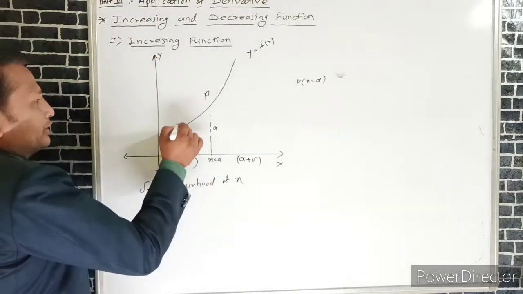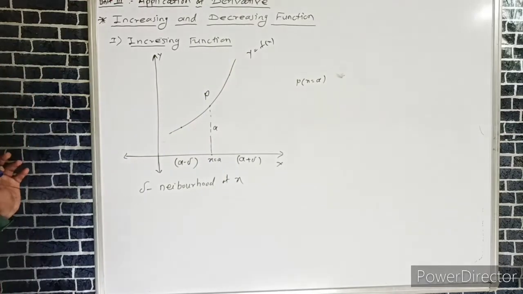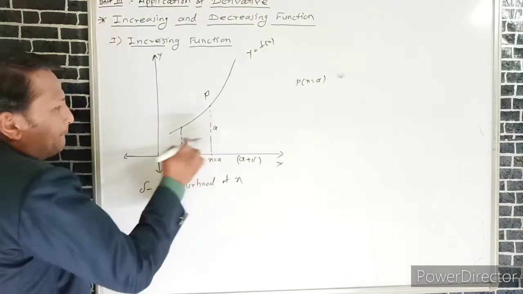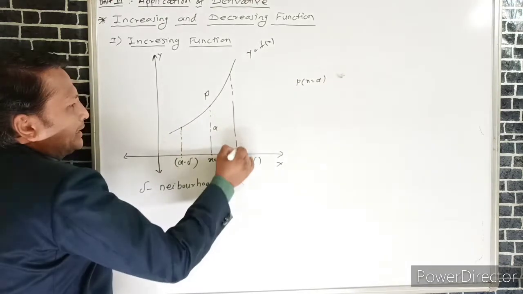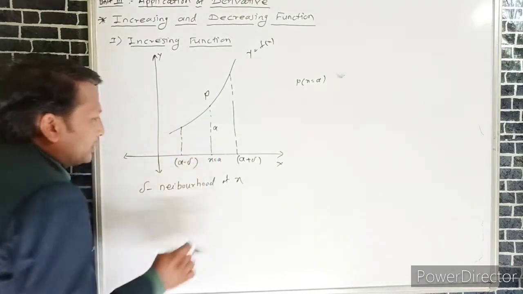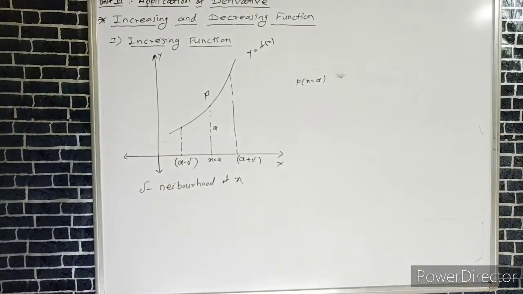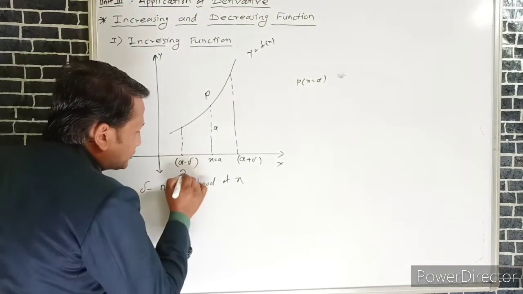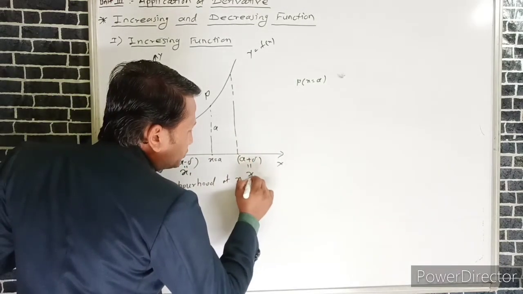So the points before and after P are a minus delta and a plus delta, and the neighborhood of x equals a is (a minus delta, a plus delta). The distance from the origin to a minus delta is x1, and the distance from the origin to a plus delta is x2.